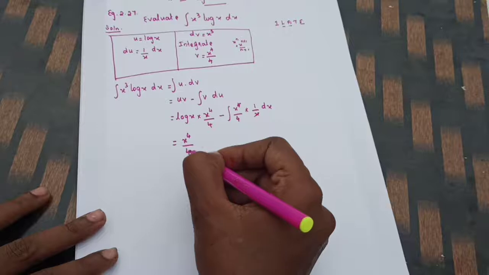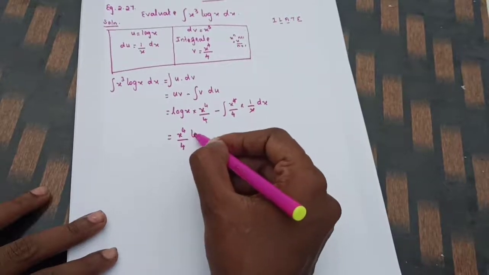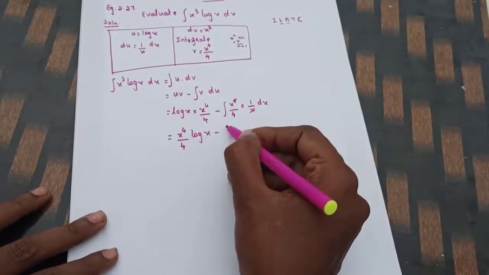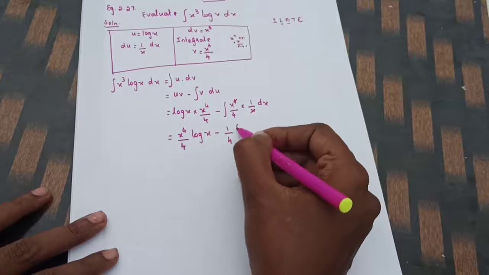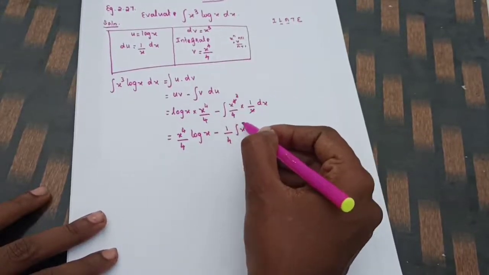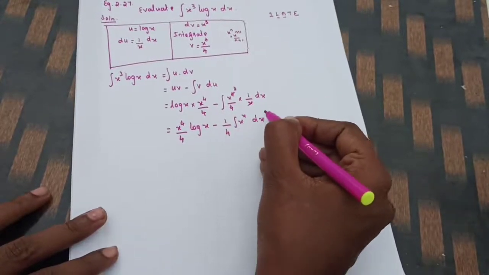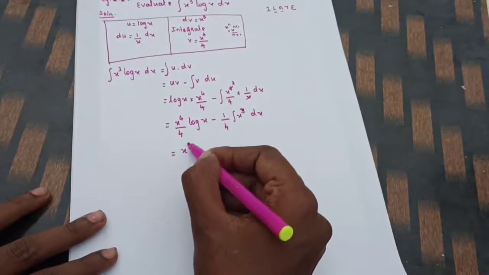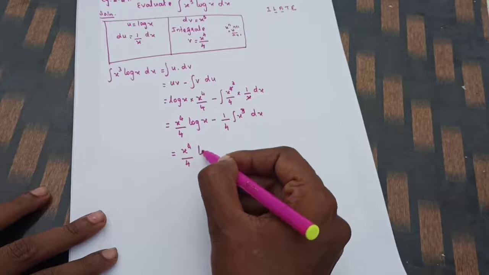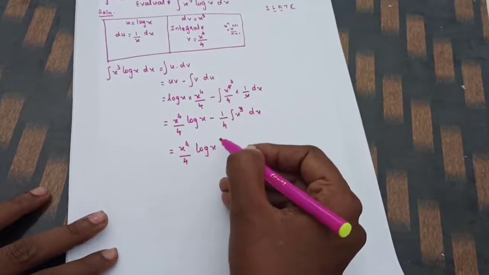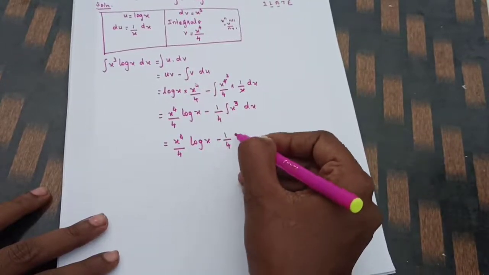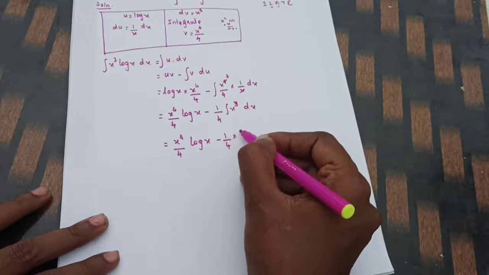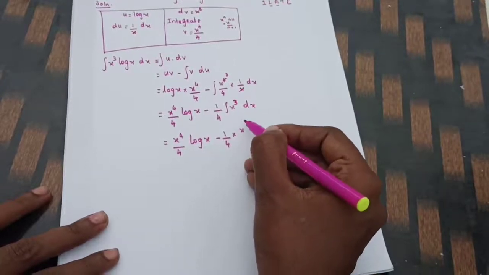Now what will happen? x power 4 divided by 4 log x minus, shall I take the constant outside? 1 by 4. So what's the balance? Integral of x cube dx. That's equal to x power 4 divided by 4 log x minus 1 by 4 into, what is the integration of x power 3? x power n plus 1, is it right?